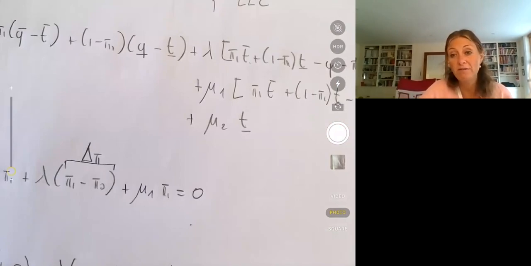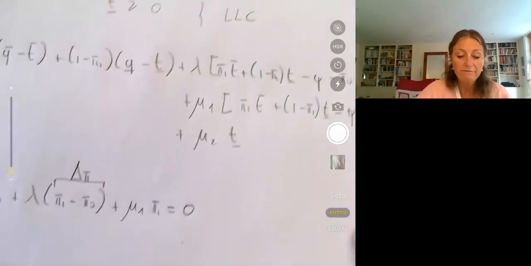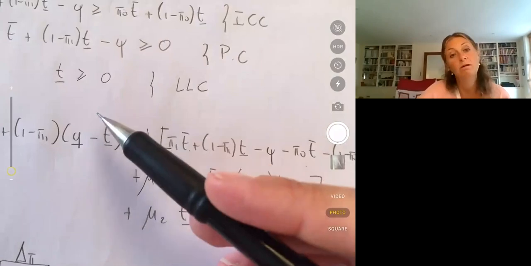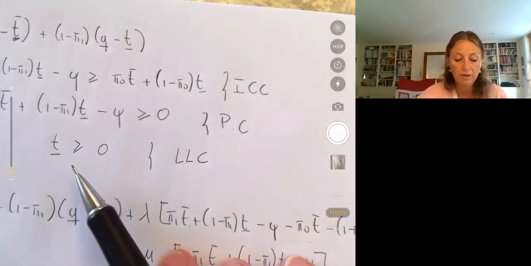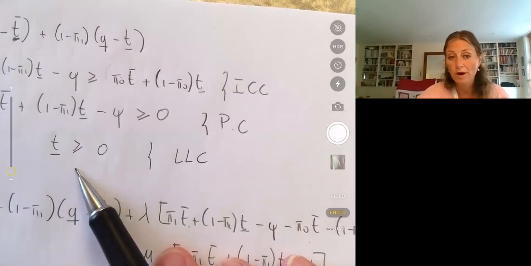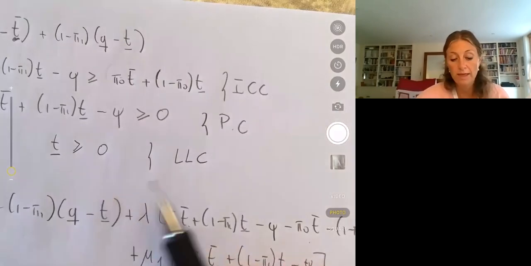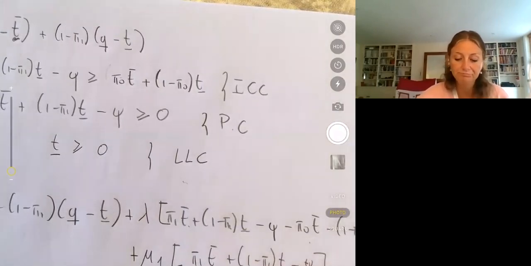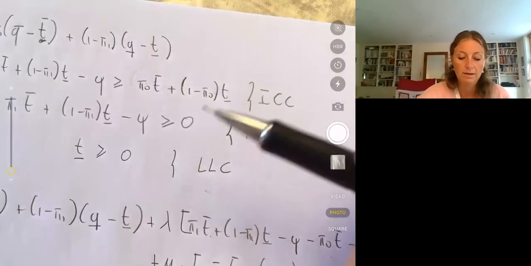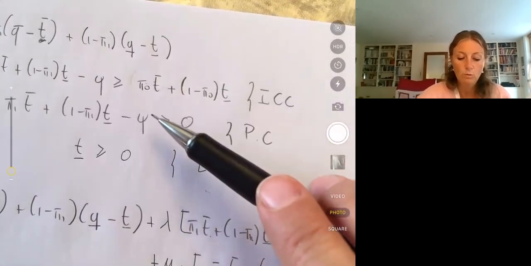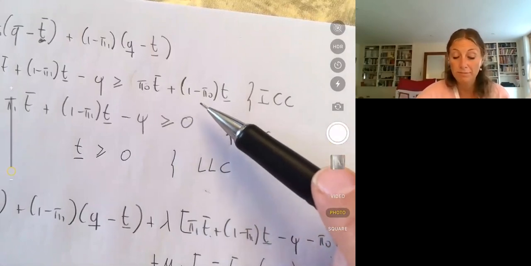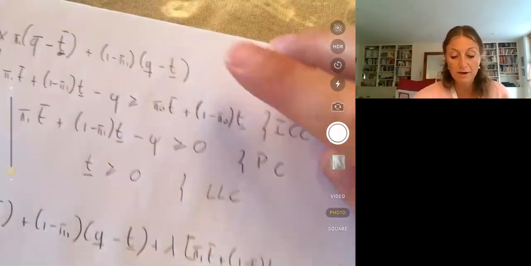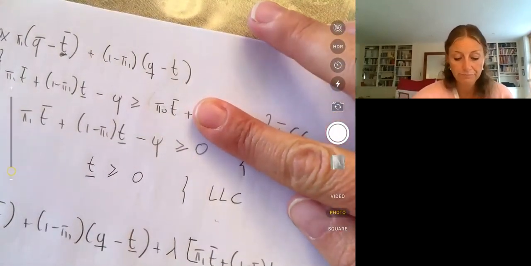Okay, so in this case, it's actually quite easy to check, before we go and verify the value of the multiplier, which constraint is redundant and how we can check that. Let's have a look at the introduction of the limited liability constraint. Let's assume that T lower bar is actually equal to 0, so that the limited liability constraint is binding. In this case, when we look at the incentive compatibility constraint, we can see that this part will actually disappear.